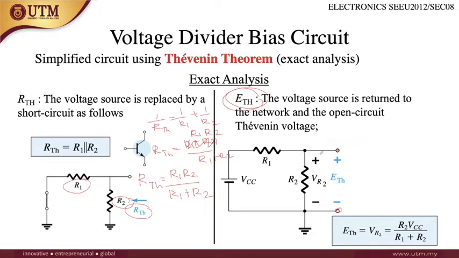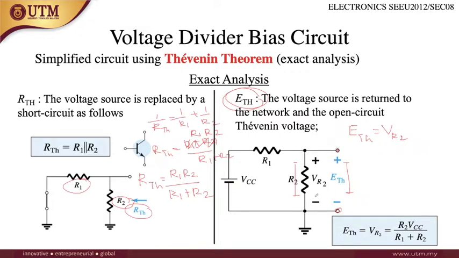We know that if it is parallelly connected, the voltage value is the same. So the Thevenin voltage is equal to the voltage across R2, the voltage that flows at R2. So how do we find this voltage?